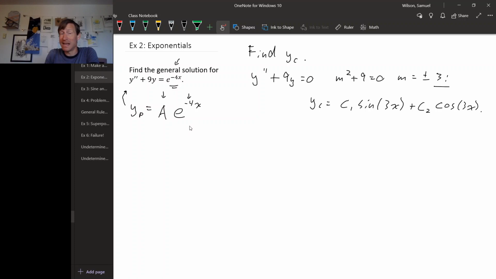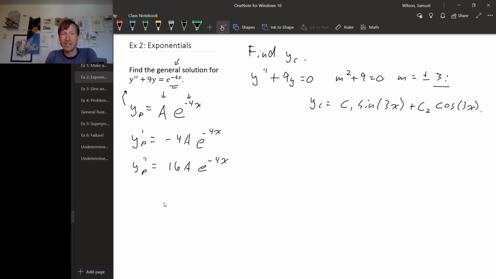So that's our undetermined coefficient in this case. Now that we have made a guess that we think might work as a particular solution, we can start taking derivatives to plug our guess into the differential equation. Take one derivative: y sub p prime is minus 4 times capital A e to the minus 4x. Take a second derivative: y sub p double prime is 16A e to the minus 4x.